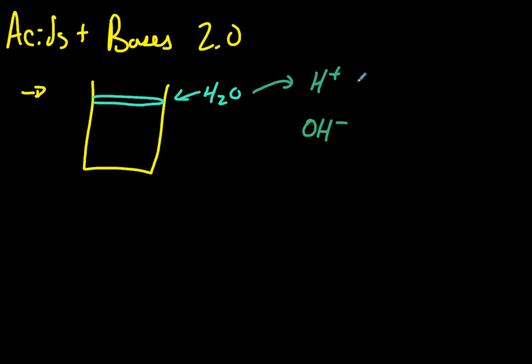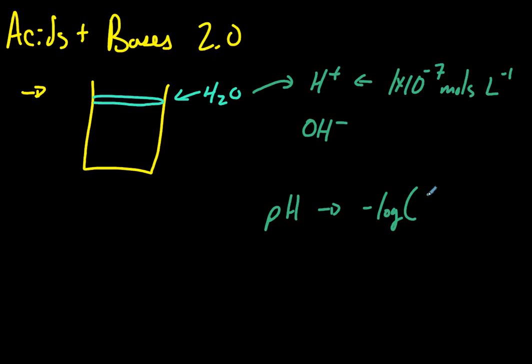And if we look at the concentration of H plus in normal water, we find that it's roughly 1 times 10 to the negative 7 moles in every liter of water. And then if we take the pH, which means the negative logarithm of that concentration, we come up with 7. So the pH of regular water is 7.